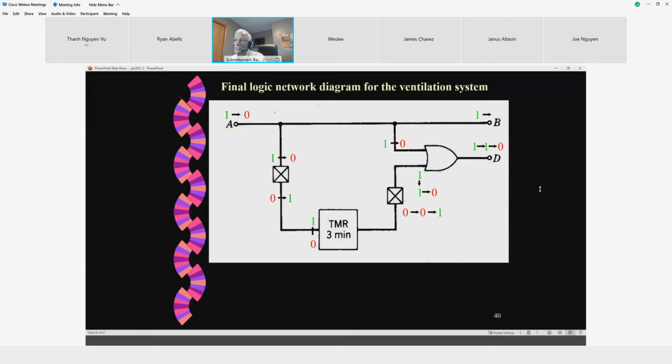The easiest way to check, if you had access to the software of the PLC, is to throw this into the software, implement it, download it to the PLC, and test whether it's controlling the two outputs B and D based on what you have done here.